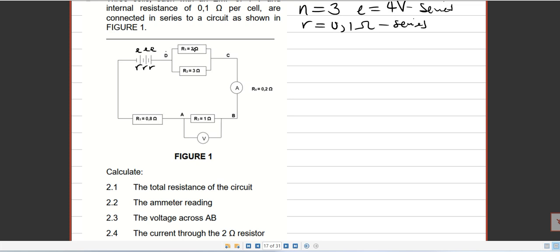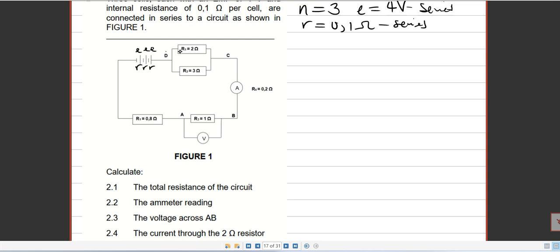We have these two that are connected in parallel, connected to an ammeter here which has a resistance of 0,2. This is a symbol for an ammeter, whose main purpose is to measure current readings. From this one here, we have another resistance connected in series, which has a voltmeter here, and then we have this resistance.